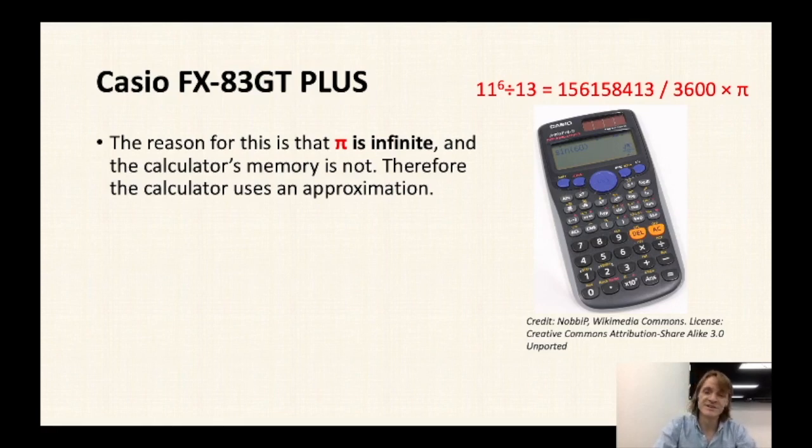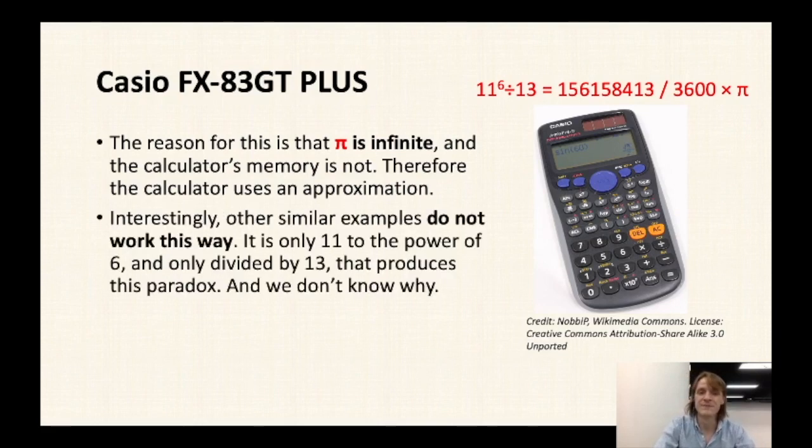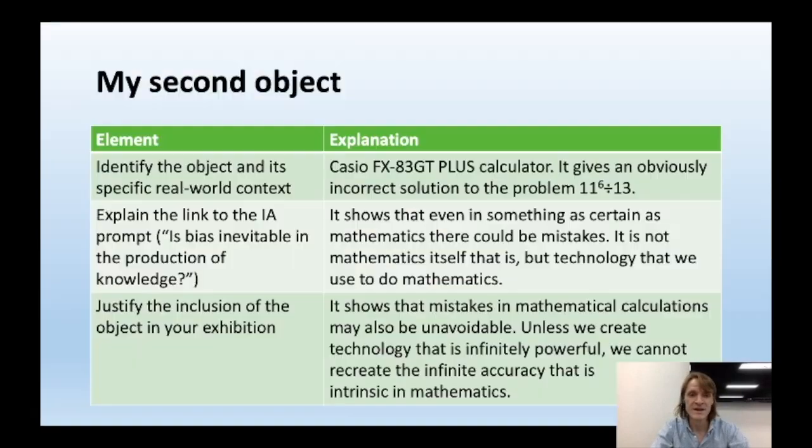Therefore, at some point, there has to be some truncation happening, and the calculator has to use some approximation somewhere on some level. Interestingly enough, with other examples, it doesn't work, and it's only 11, only to the power of 6, and only divided by 13, and only on this particular calculator that produces the mistake. We don't know why, and we don't know how to explain that. So I'm including this calculator as the second object in my exhibition.